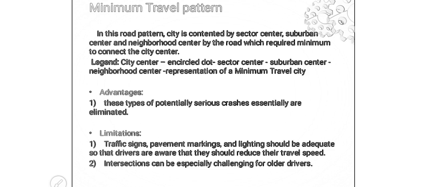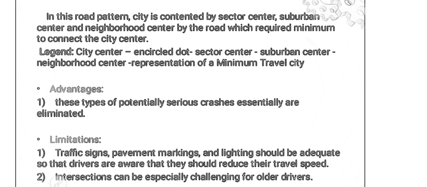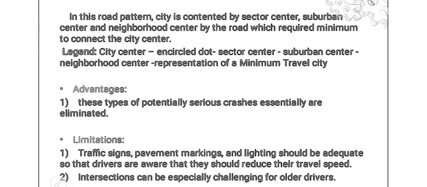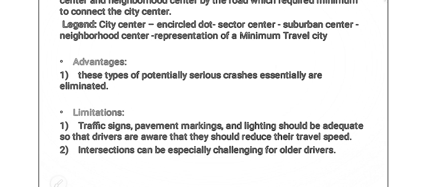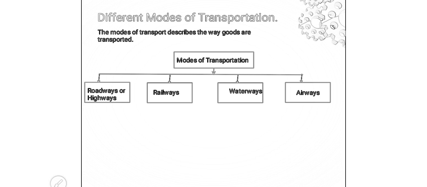Advantages: these types of potentialities, serious crashes essentially are eliminated. Limitations: here also traffic signs, pavement markings, and lighting should be adequate so that drivers are aware that they should reduce their travel speed. A further limitation is that intersections can be especially challenging for older drivers.